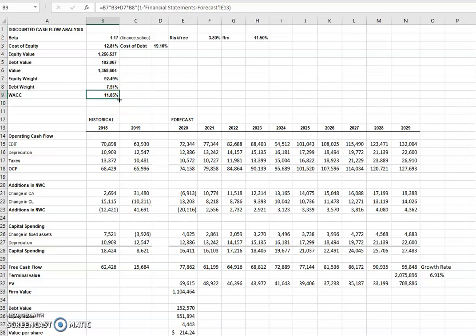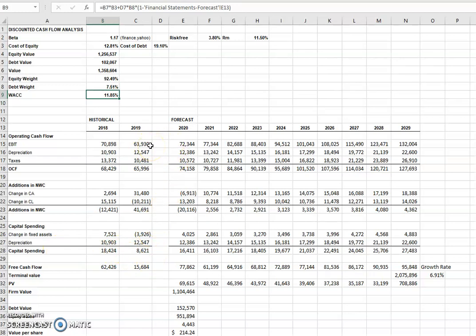Next, we use our historical data with our forecasted data to determine the free cash flow. To determine the free cash flow, you take the operating cash flow minus the change in net working capital minus the capital investment. The first calculation is to determine the operating cash flow.